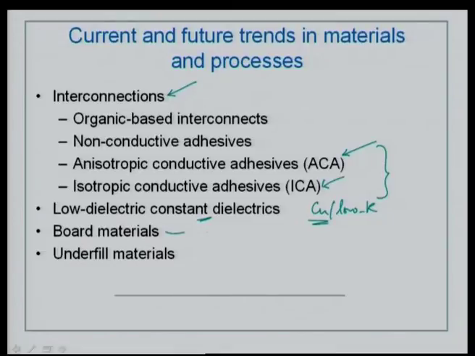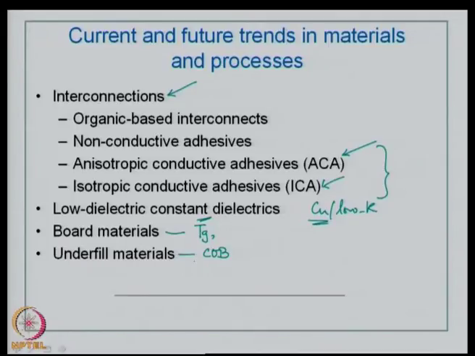Then again board materials that are green in nature, high Tg, and adaptable to PWB processing, and underfill materials if you are using chip on board technologies and so on, they are very key issues. So, when you are using flip chip for example, and then encapsulation materials if you are using chip on board technologies are also very key.